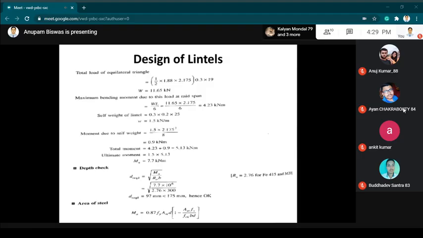Okay, so up to this much is the calculation part that is different from any simple beam for a lintel, and the remaining calculations are the same.